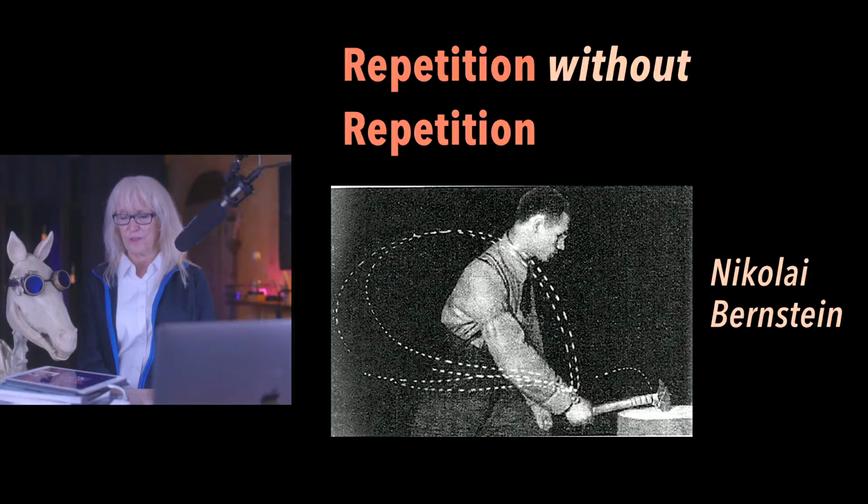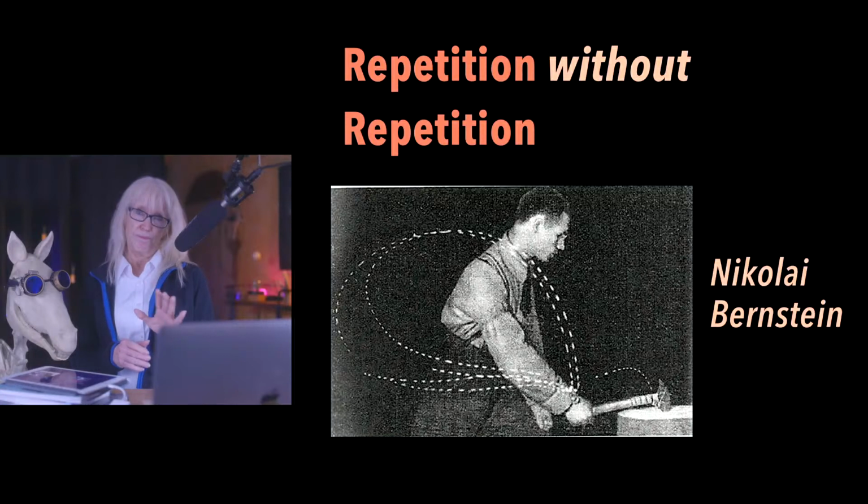So this is Nikolai Bernstein, the hero to many of us, right? A Russian scientist from long ago. It's believed, I don't know if this is accurate, but it's believed that he coined the term biomechanics. But he was arguably the father of what we might think of as the modern study of movement.